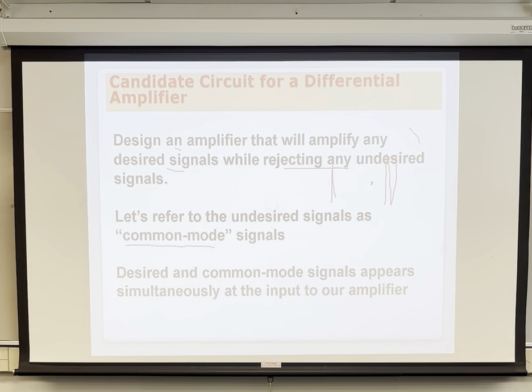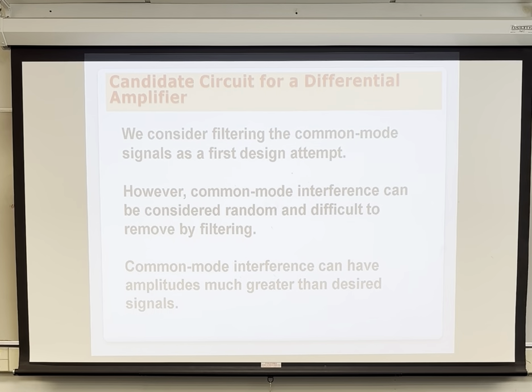So the undesired will be common mode signals, and the desired and the common mode appear simultaneously at the input to this amplifier. You might consider filtering the common mode.